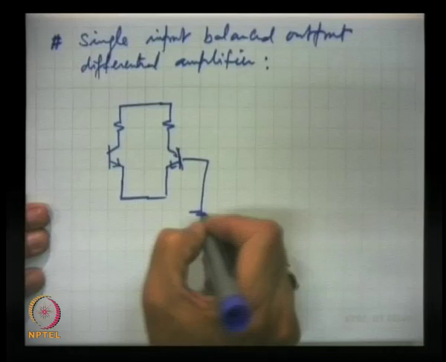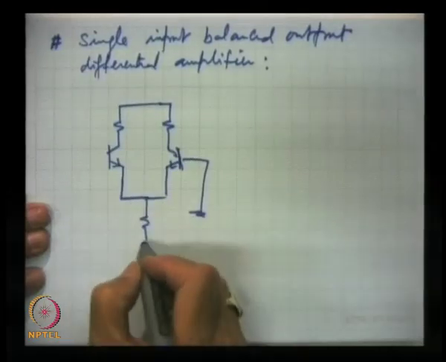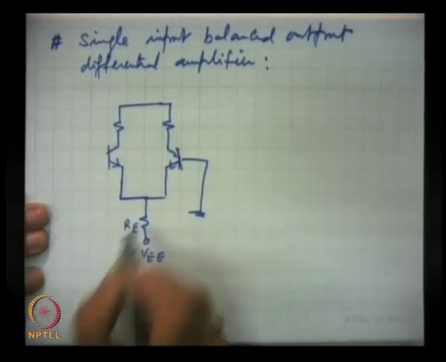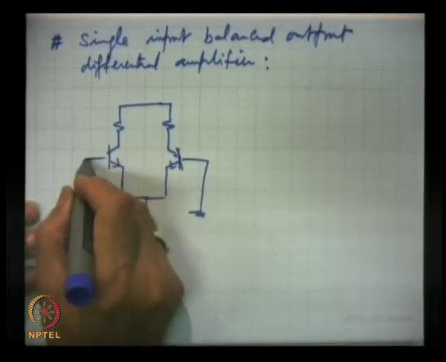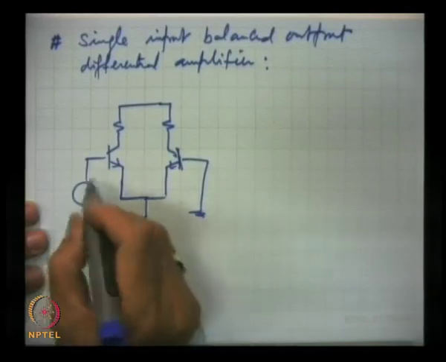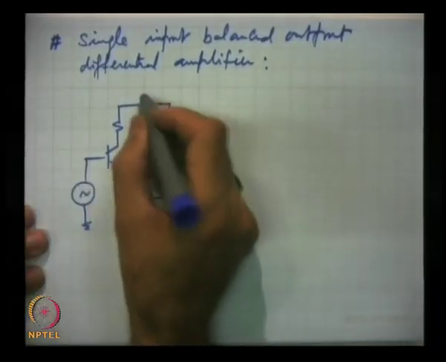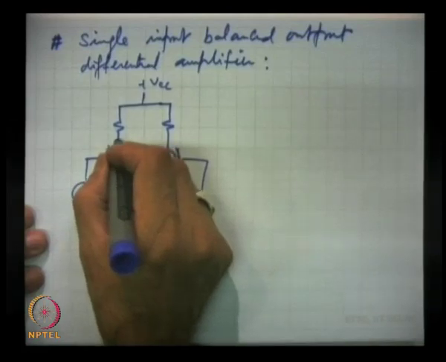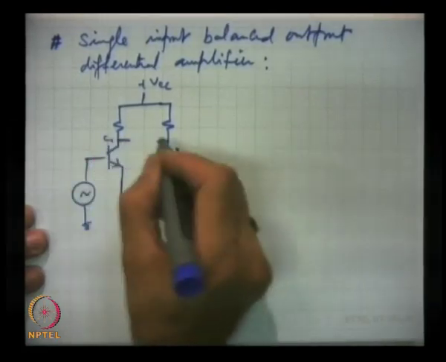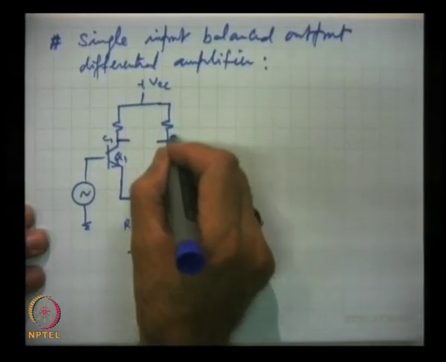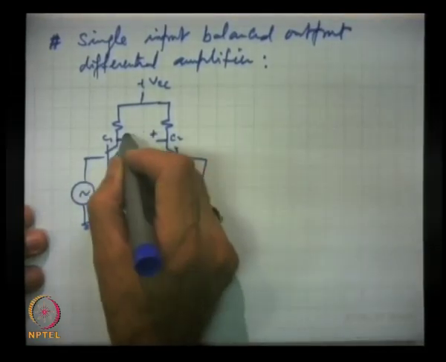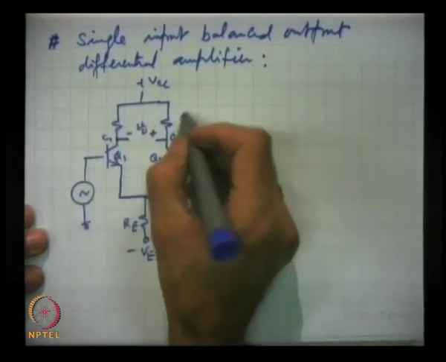This is grounded and this is active. And output is taken from two collectors, C1 of Q1 and C2 of Q2. So, here this is output.